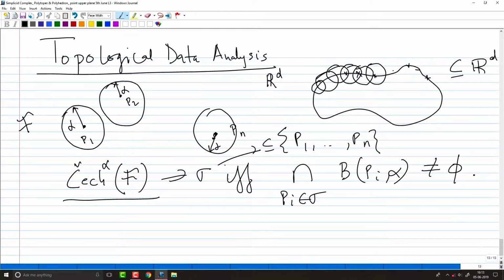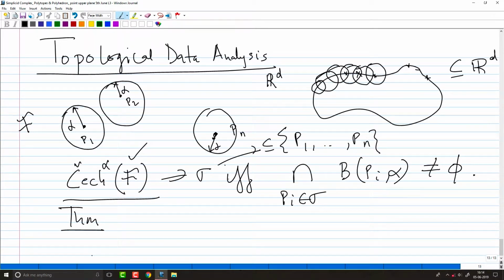What you can show is, and this is the Čech theorem, which I will not be proving, though it is not hard to prove actually, that this union of balls has the same homotopy type as the Čech complex.